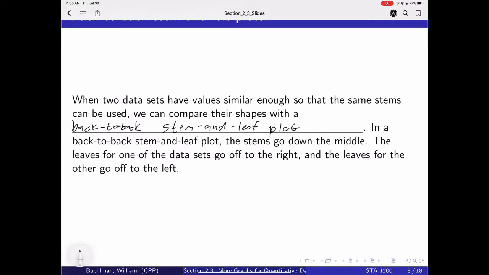In a back-to-back stem and leaf plot, the stems go right down the middle, the leaves for one data set go off to the right, and the leaves for the other data set go off to the left. So it looks very similar to what we've done before with the stem and leaf plot, just this time we have a leaf on the left-hand side as well.